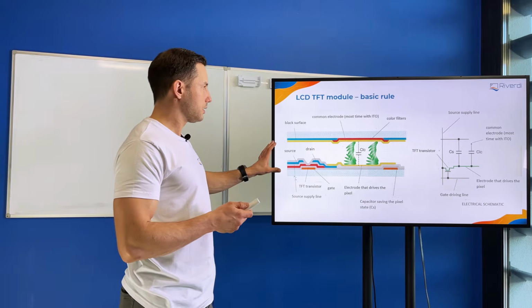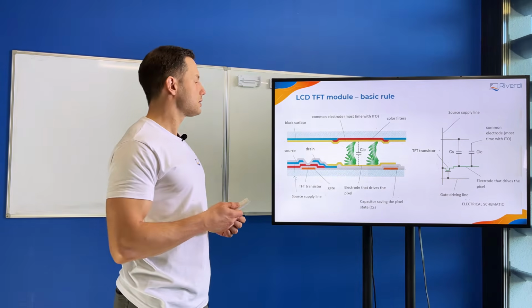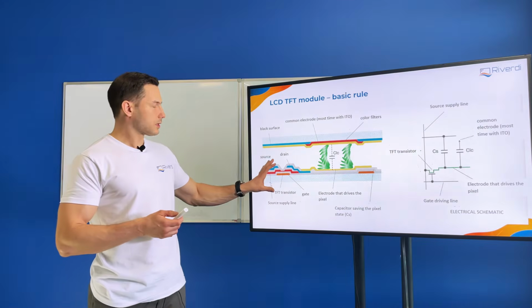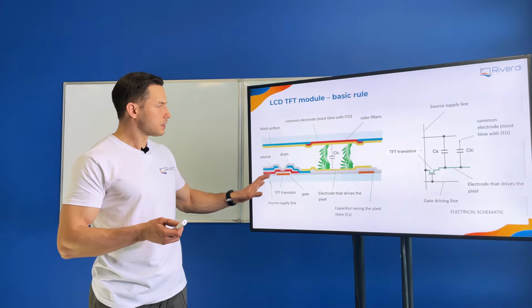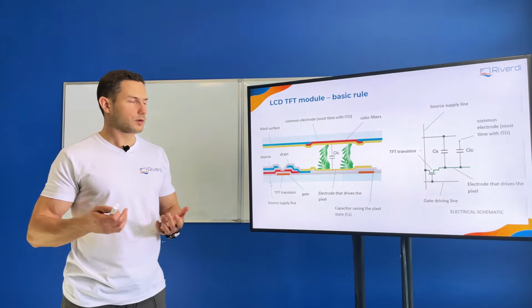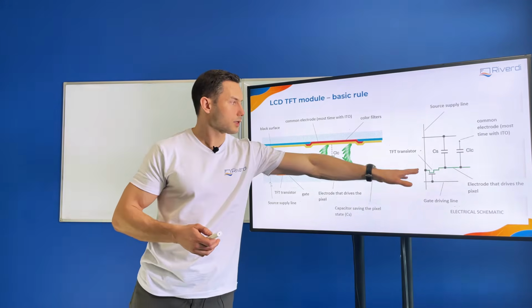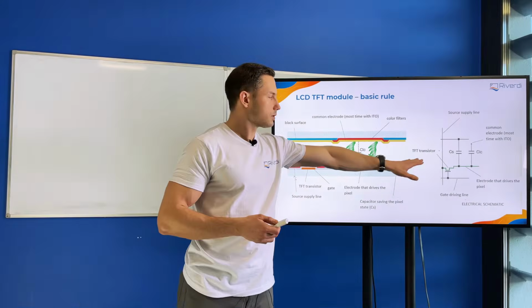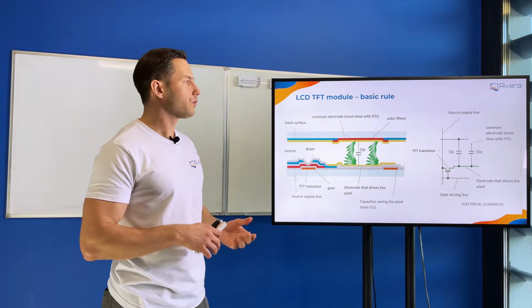That's why TFT display technologies are very expensive to manufacture. Okay, so here is the real cell inside, and here is the circuit. If you are familiar with electronics, you know that the transistor is kind of a switch. So this transistor allows us to switch the pixel on and off.